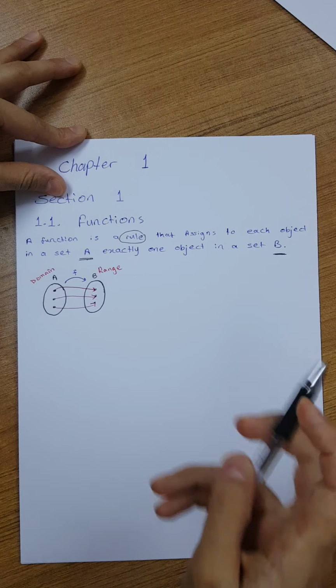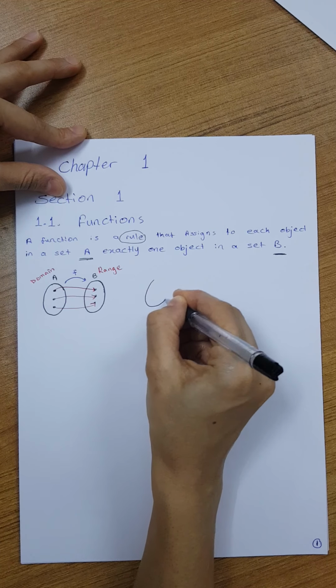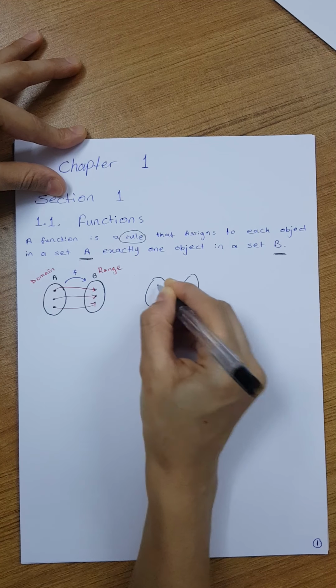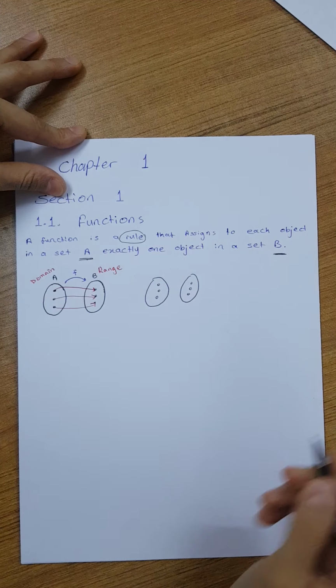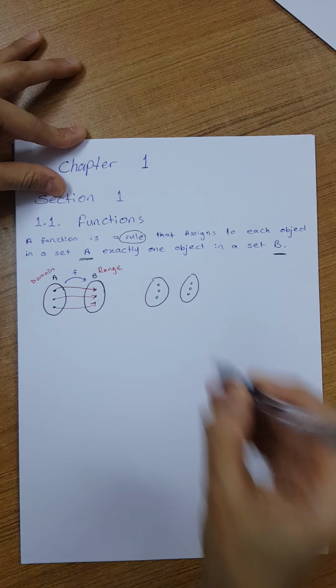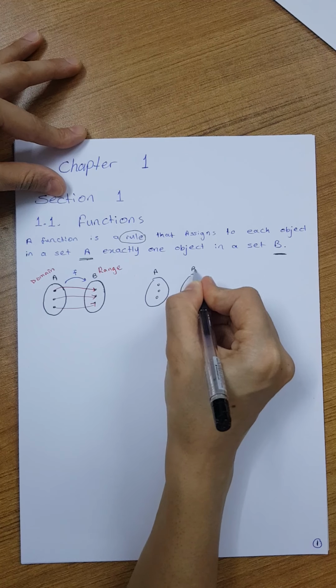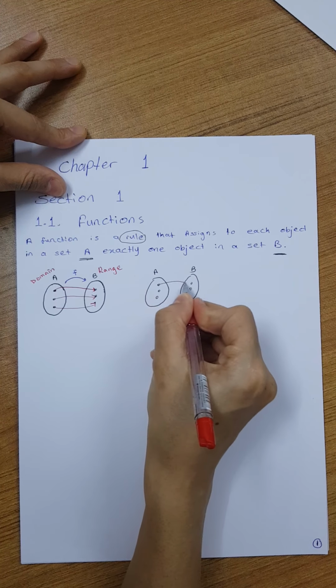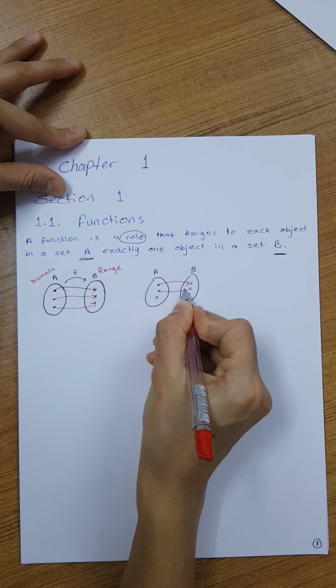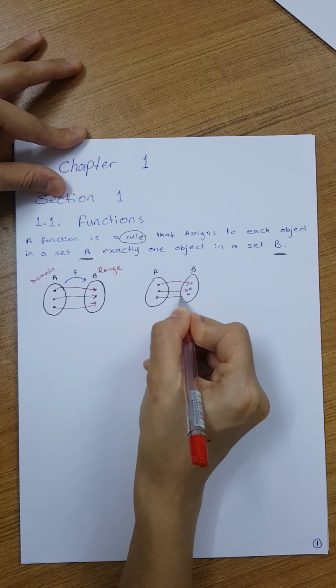Let me give you another example, another Venn diagram. Let's say that I have got again 3 objects here, and let's say 3 objects there also. That one is set A, that one is set B. Let's see if this one is a function or not.